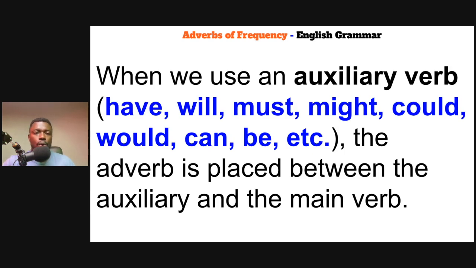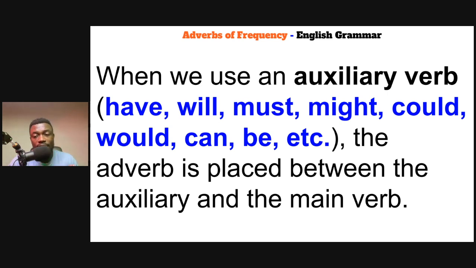OK. So, when we use an auxiliary verb, OK? Have, ça, c'est un verbe auxiliaire. Ils sont là pour aider à conjuguer le verbe principal. Have, will, must, might, could, would, can, be, etc. All of these are auxiliary verbs.